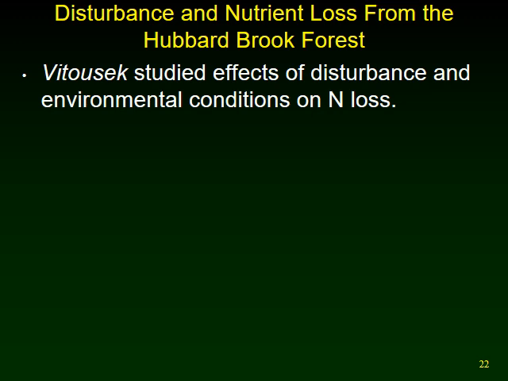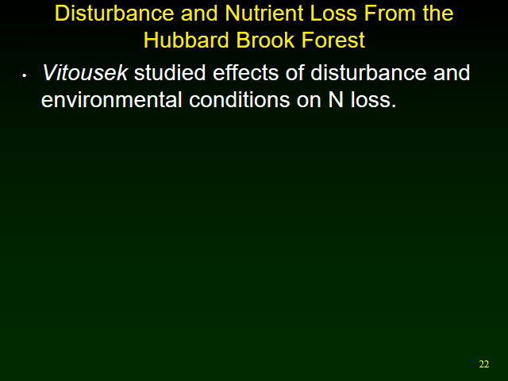And so they studied the effects of disturbance in environmental conditions on the nitrogen loss, and such things as trenching increased the nitrate loss, rapid decomposition increased the nitrate loss.